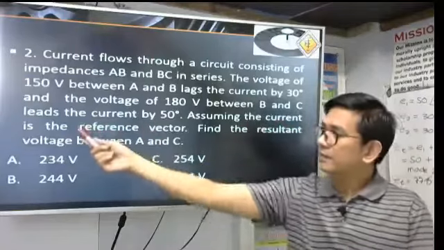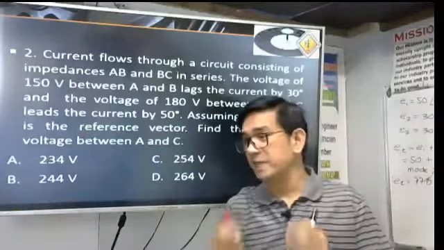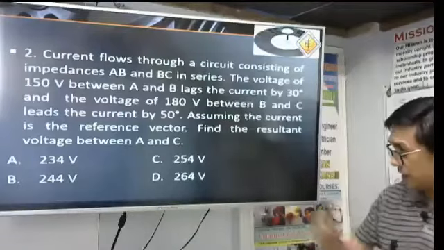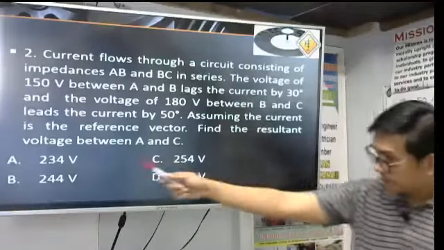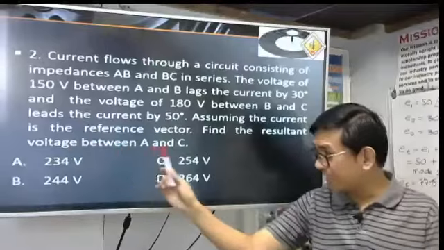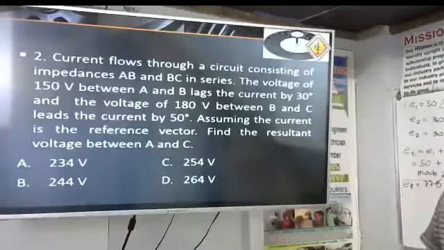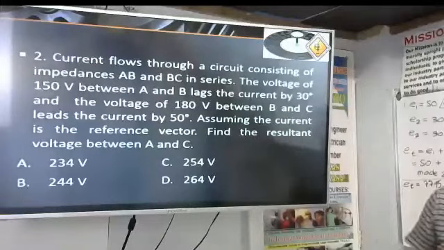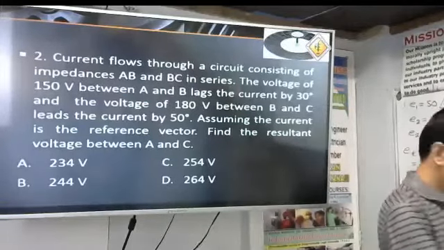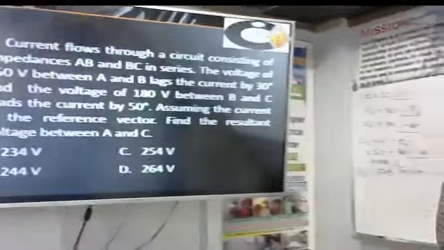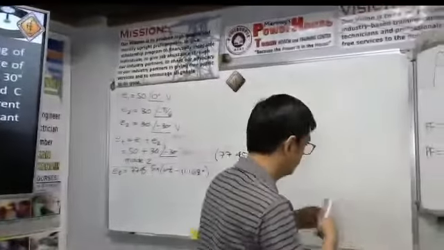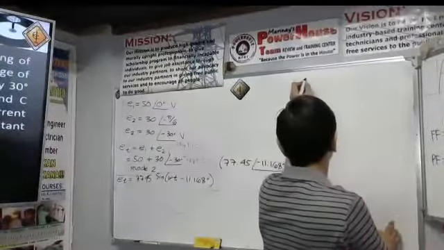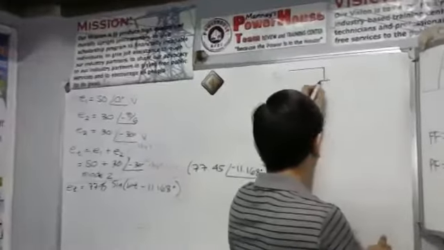Take note, if we mean reference vector, meaning that is 0 degree, find the resultant voltage between A and C, meaning that is the total voltage, no? So we have AB and BC in series. So let's have here for number 2. So we have 2 loads here.